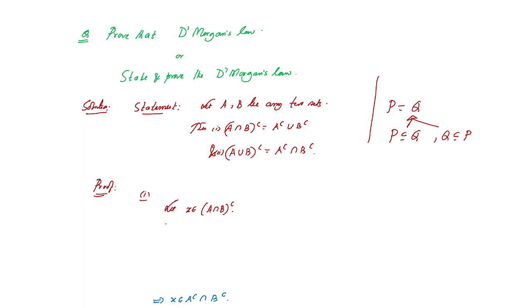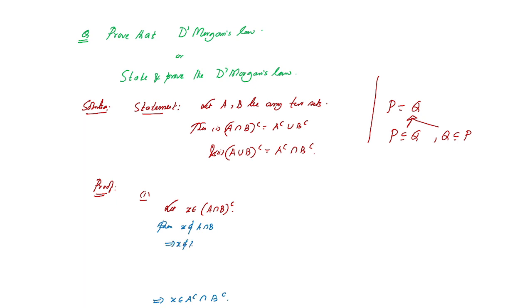From this information, we can write X does not belong to A intersection B. What exactly does this mean?